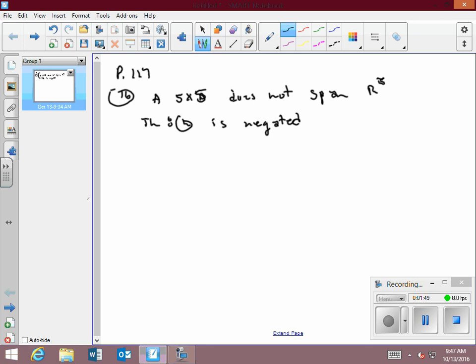If A does not span R, then theorem 8H is negated. Therefore, you can say A is not invertible, because if theorem 8H is negated, theorem 8A is negated.